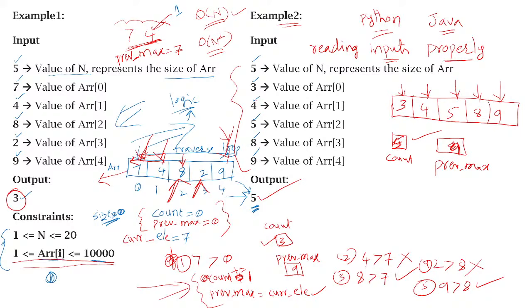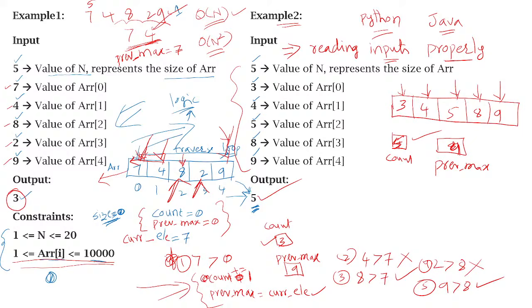Sometimes the array elements may be passed like this: 7, 4, 8, 2, 9 with spaces. The first line contains the number of elements, the second line contains 5 numbers separated with spaces. In this case you need to read in a different way, and if each element is provided in a line, then you should read this in a different way. These things you should understand. Today I will show you how to read the inputs properly.